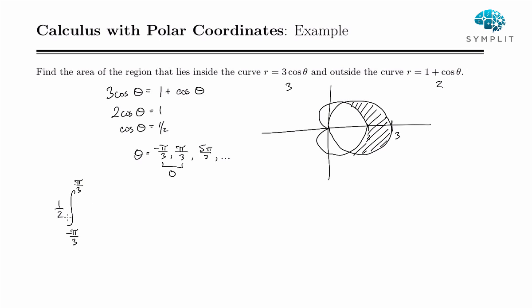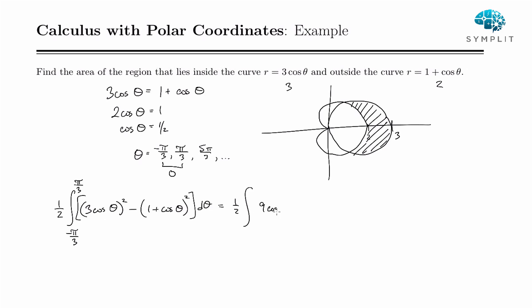We have 1/2. And then we do the bigger function squared minus the smaller function squared. So the bigger function, that's 3 cosine theta, squared, minus the smaller function squared, 1 plus cosine theta squared. All right, so let's go ahead and square those.